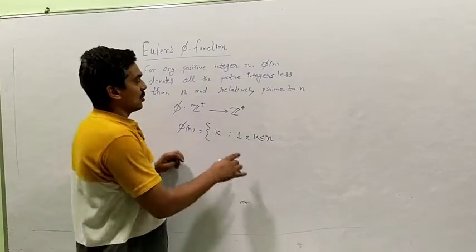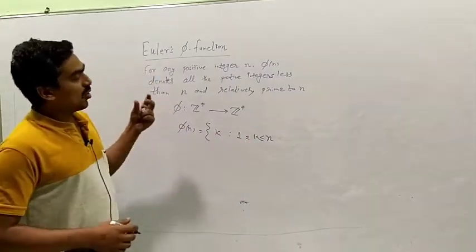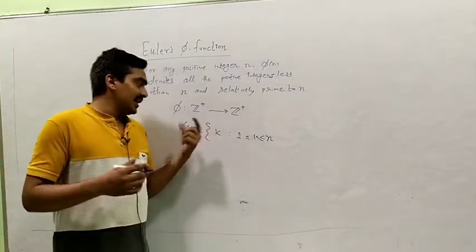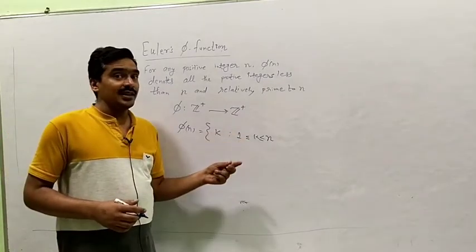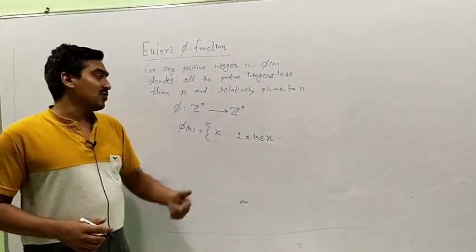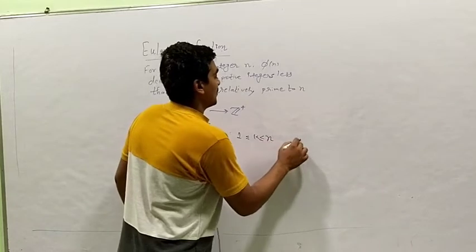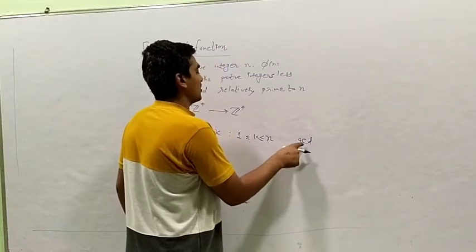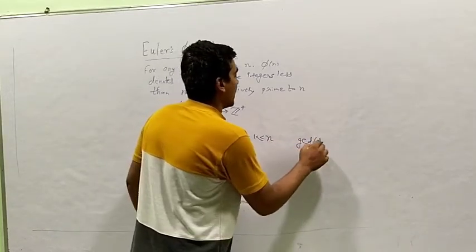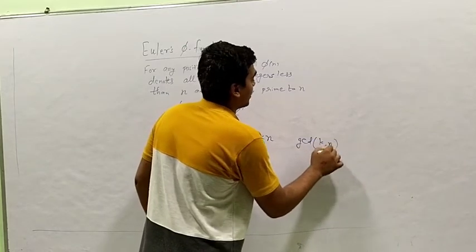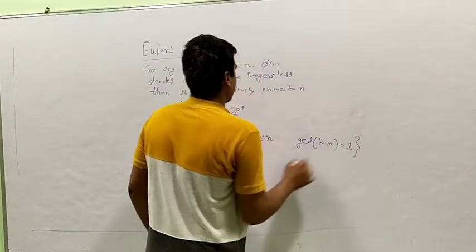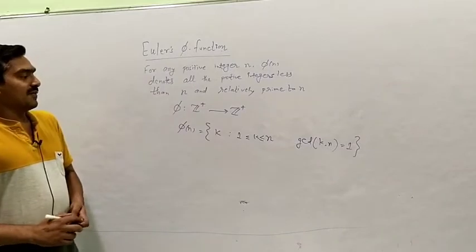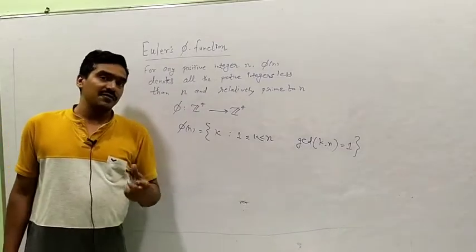Okay, and what is the property? Those integers which are less than n and relatively prime to n, that is, the GCD, the greatest common divisor, of k and n should be 1. This is the definition of Euler's phi function.